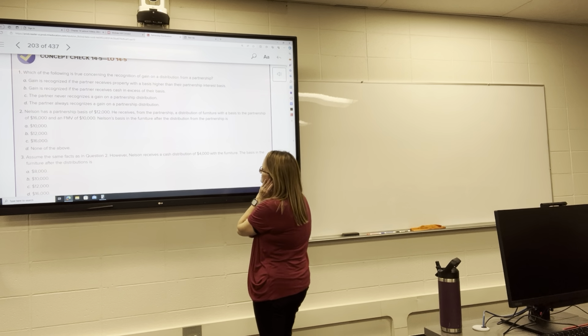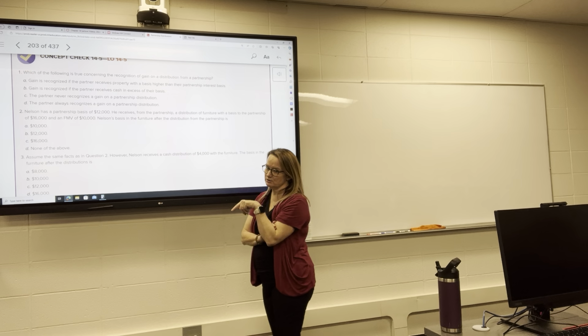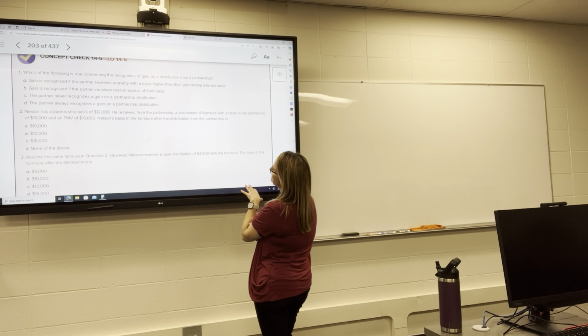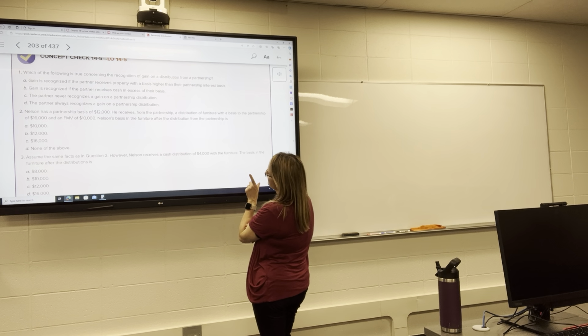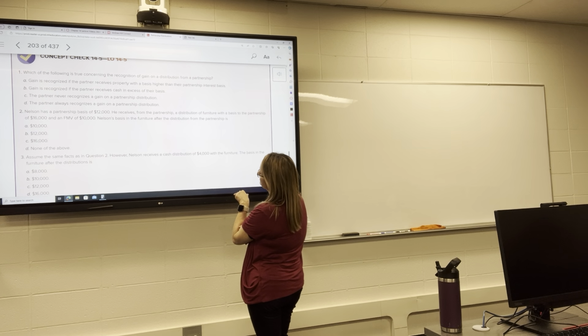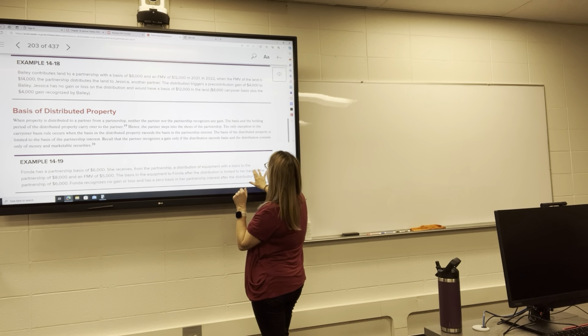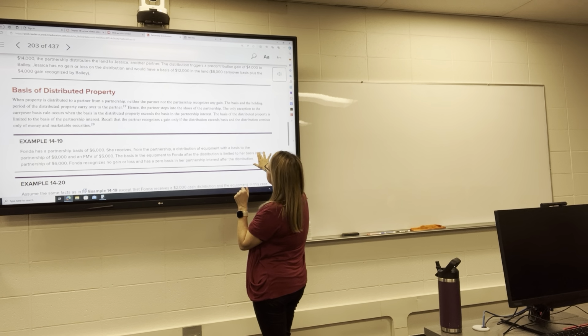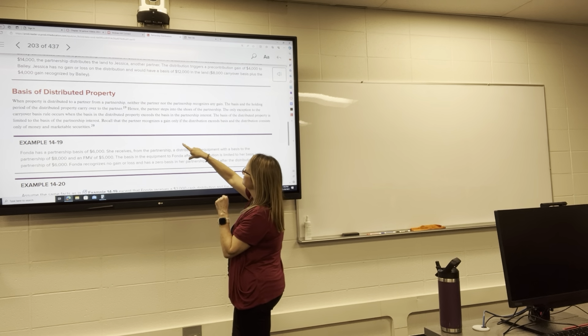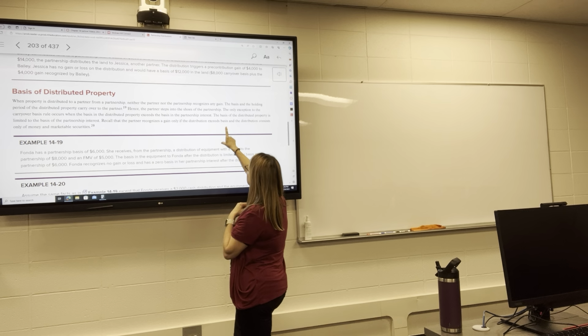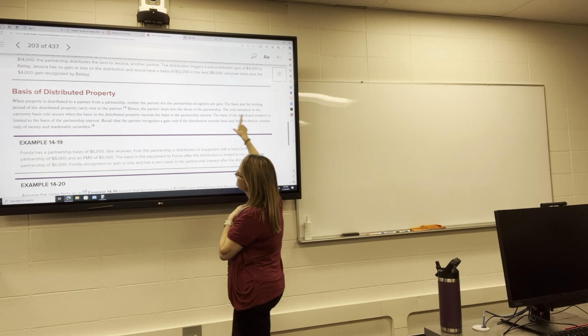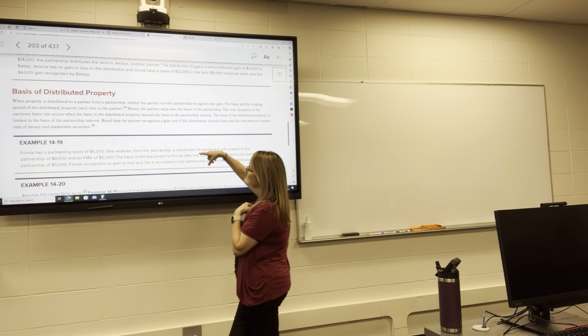So now we're talking about the basis in the furniture, not the basis in the partnership. So when the basis of the distributed property exceeds the basis in the partnership, the basis of the distributed property is limited to the basis of the partnership.